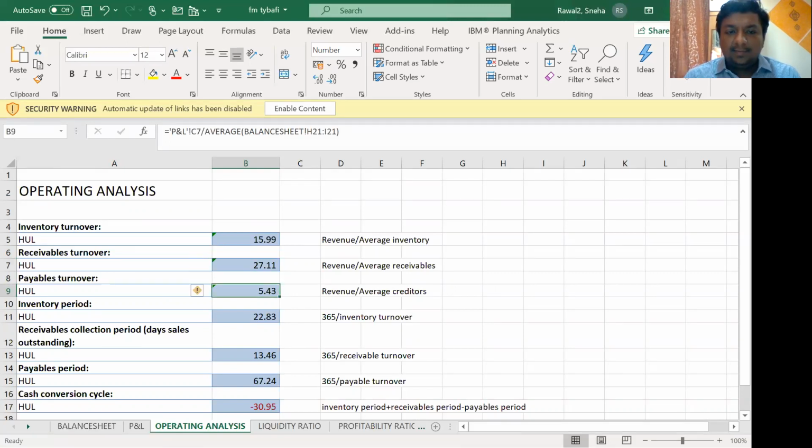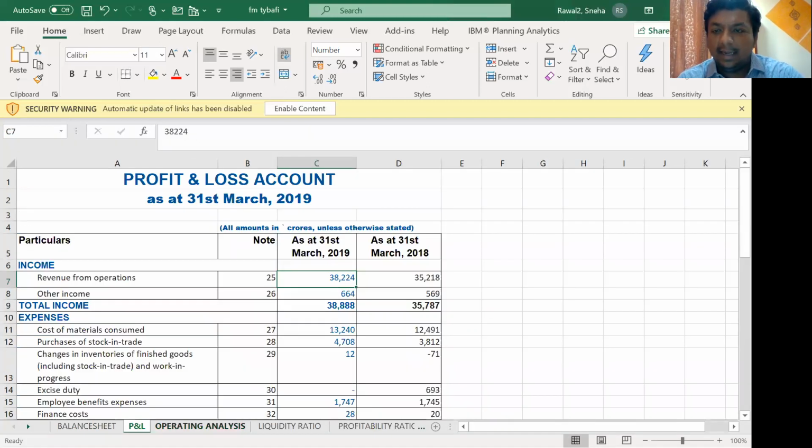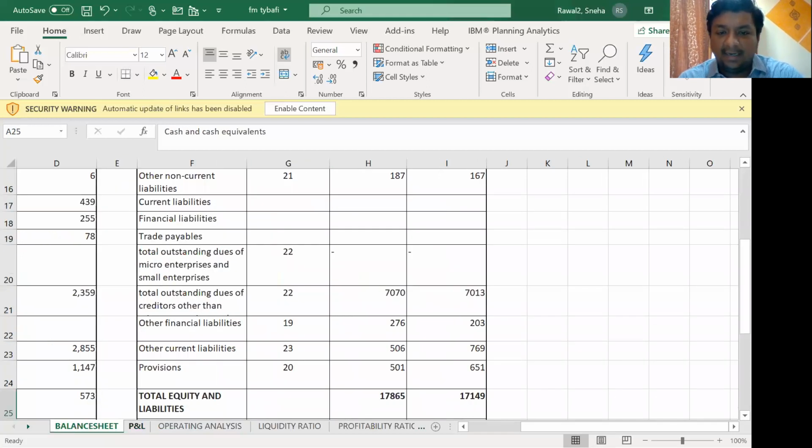Okay, now let us do payables turnover ratio. That is revenues divided by average creditors. Revenues are 38,224 divided by the average of creditors.